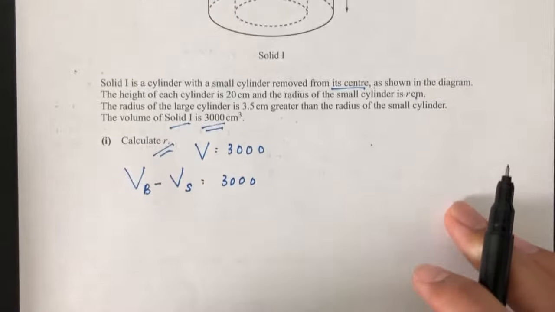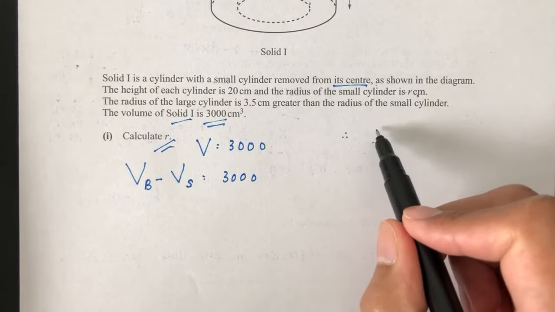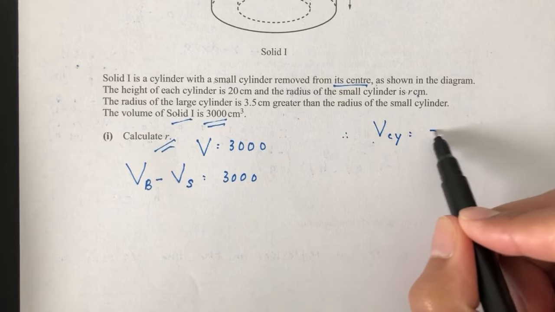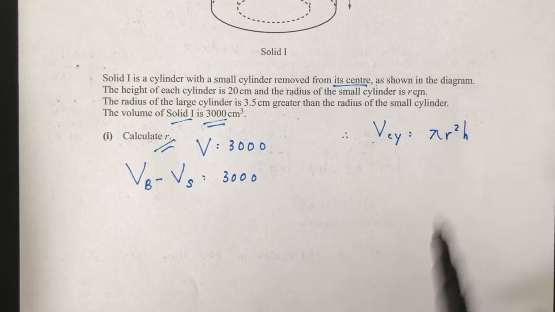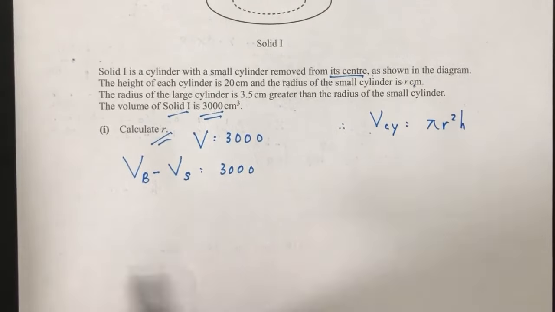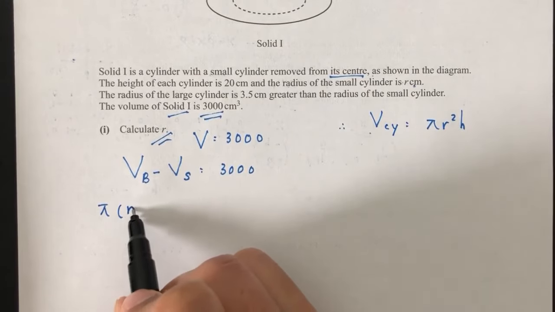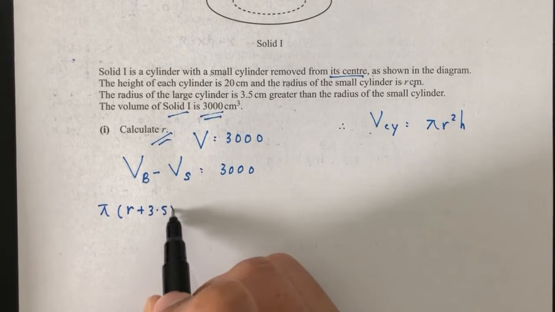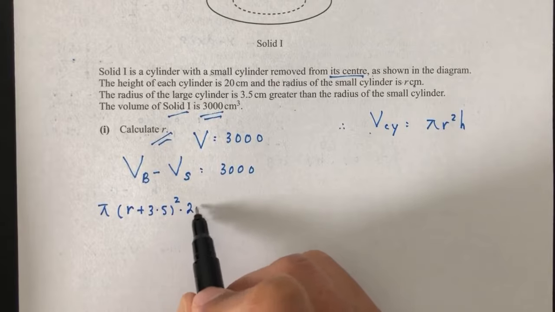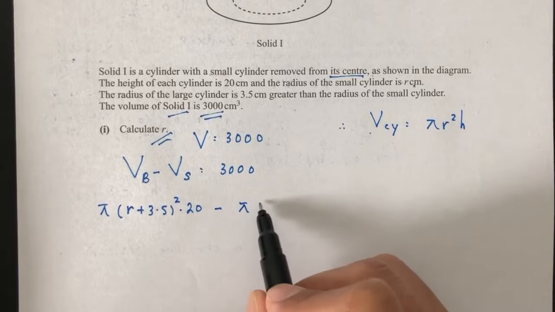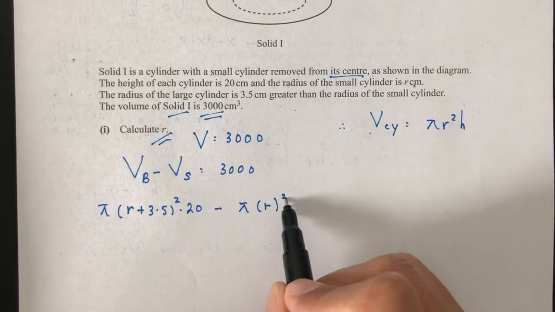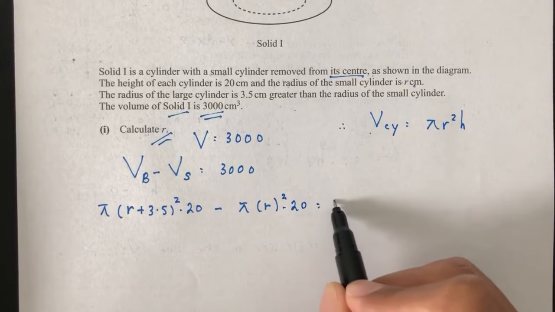So let's find one by one. So how do you find volume of cylinder? It is pi r square h. So big one will be pi r square h. r is radius. Radius for big one is (r plus 3.5) square. h is 20, minus pi r square, small one is r, times 20, equal to 3000.